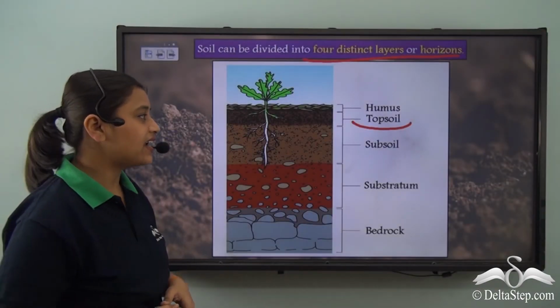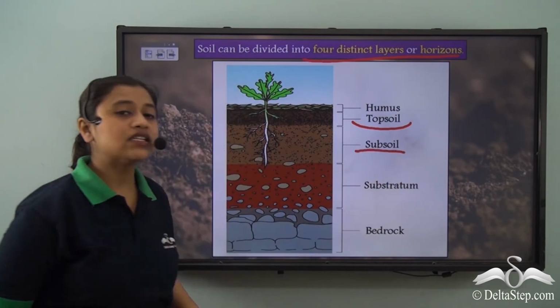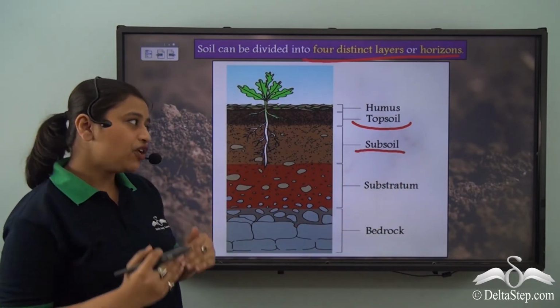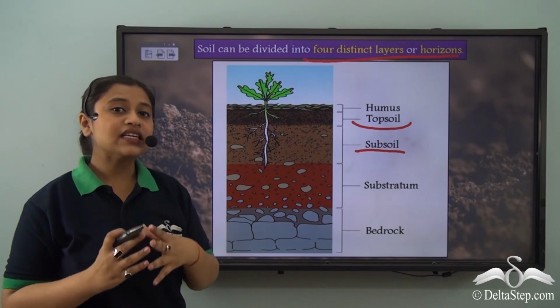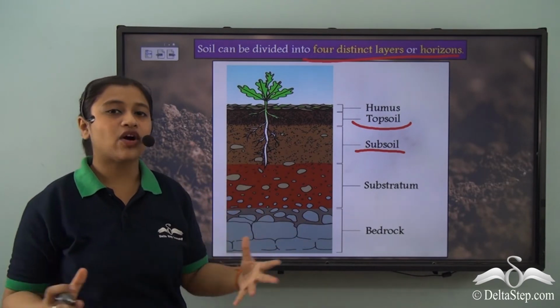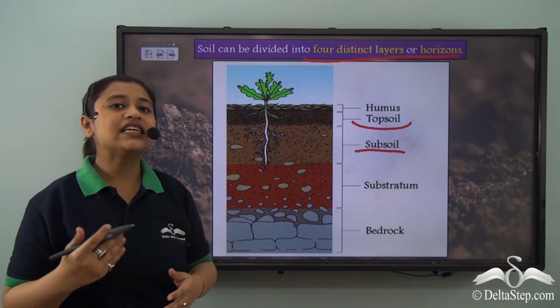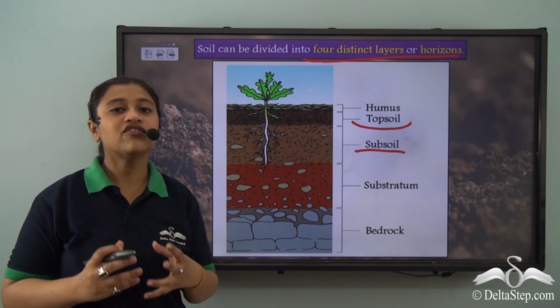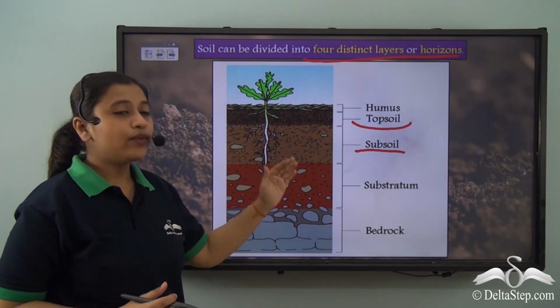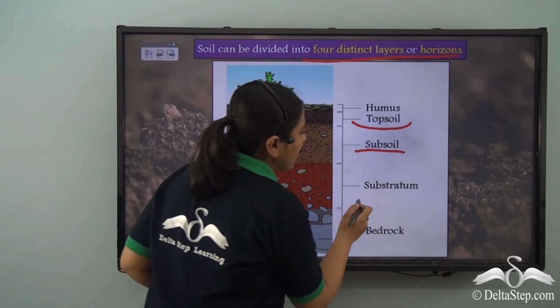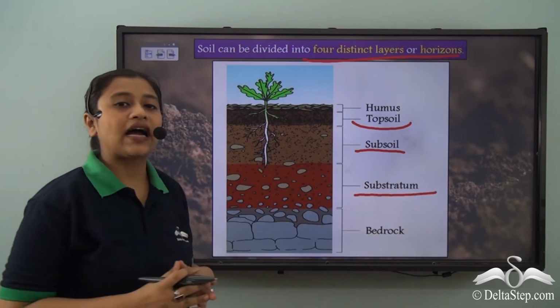The second layer is the subsoil. The subsoil falls just below the topsoil, and it usually contains larger fragments of sediments, and it is mostly known as a storehouse of moisture. Following the subsoil, we have the third layer, and that is the substratum layer.